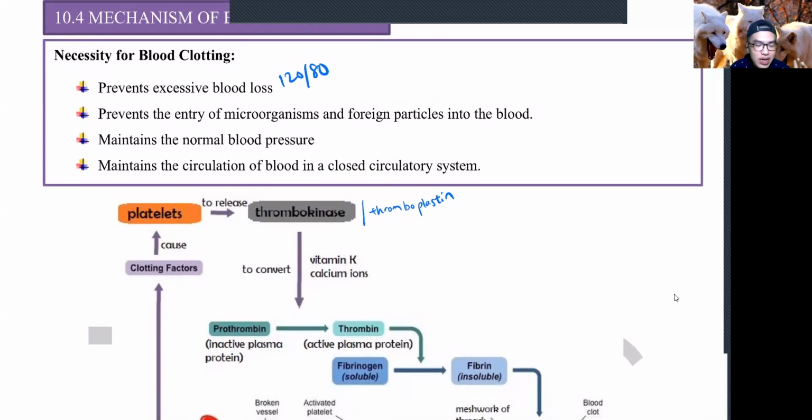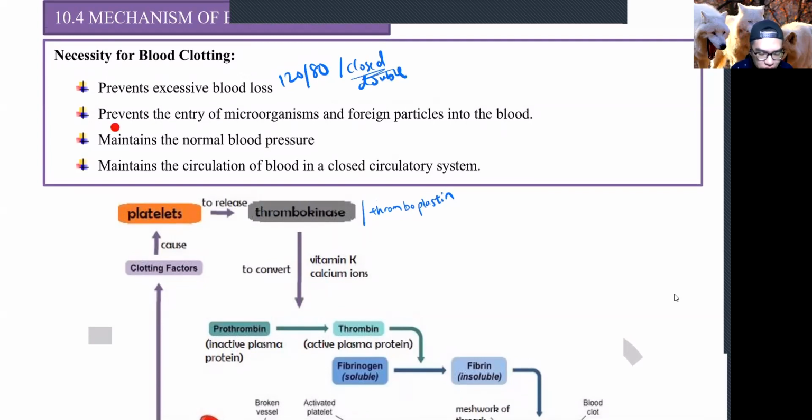That's why it's very important to maintain blood pressure. If you still remember, our circulation is closed double, so we need to keep our blood in a closed system, to prevent blood loss.